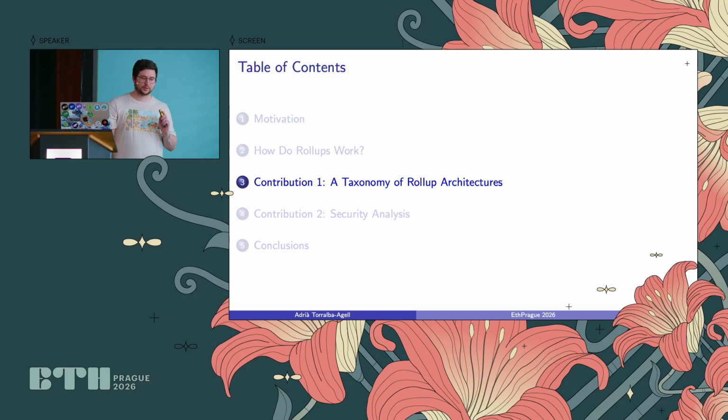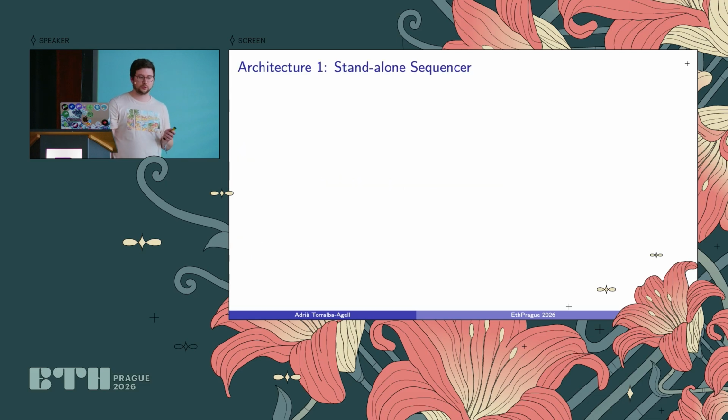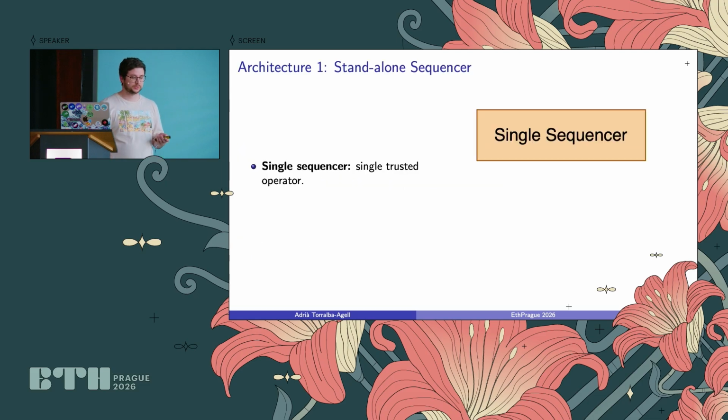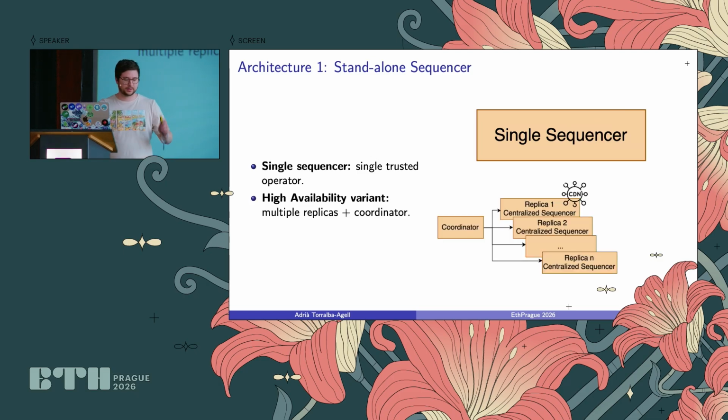We have identified 3 different sequencer architectures, the first one being what we call the standalone sequencer, which is simply a single sequencer, a single trusted operator that handles everything, from taking the transaction, to ordering that, to executing that, to posting the data availability, to being responsible for sending the data to the prover to create a zero-knowledge proof, etc.